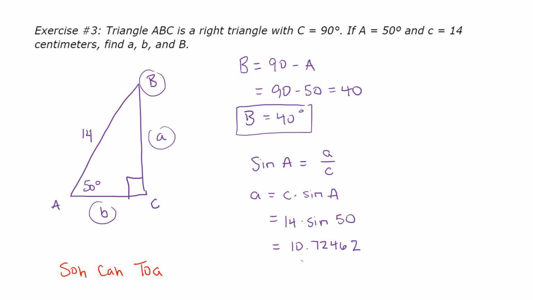But now I want to make sure I round to the correct significant digits. Since my angle and my side are two significant digits, I need to round this to two significant digits. So A will equal 11, just 11. If I add a decimal, then I add another significant digit. So just 11 centimeters.